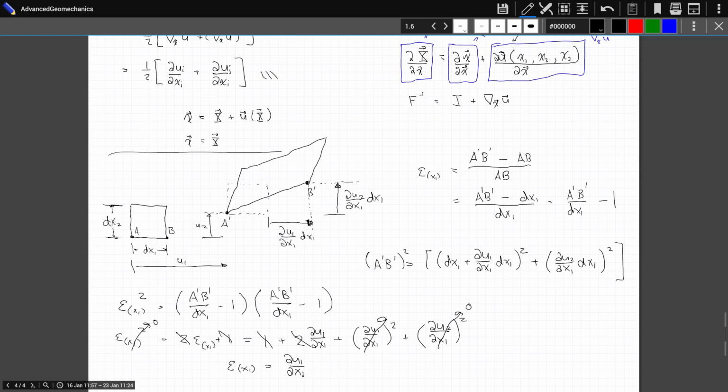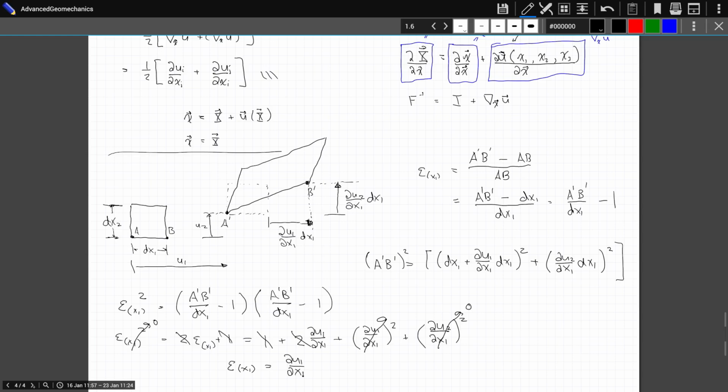So partial U1, partial X1, and so I only did this for one component, but you can make these same geometric arguments for all of the strains, right? The elongation of AB in the X direction, in the Y direction, in the Z direction, which we're not drawing here, as well as all the shear strains.